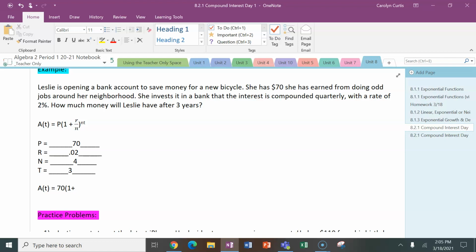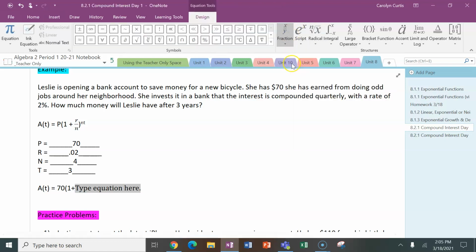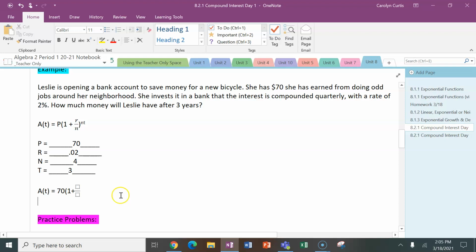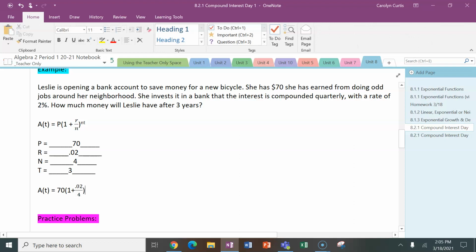So now I have my R is 0.02 and my N is 4. So I'm going to rewrite it with 0.02 over 4. And then finally, I want to raise it to the NT, and N is 4, and T is 3.